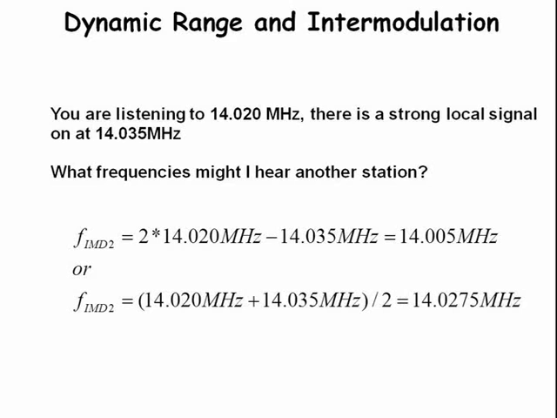Second order or even third order intermodulation distortion can occur when two signals are close together in frequency. For instance, if we have one signal at 14.020 MHz and another at 14.035 MHz, we could wind up with a distortion signal at 2 times 14.02 minus 14.035 MHz, which would be 14.005 MHz.